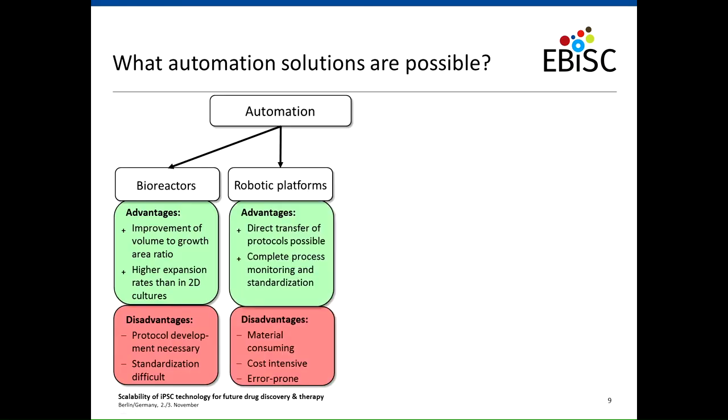Another possibility is that you use robotic platforms. Here the advantage is that in most cases, with some adaptations, you can use your standard SOPs as a base for your further developments. That means direct transfer of the protocols is possible, and you have complete process monitoring and standardization. The disadvantage is that these robotic platforms are quite high in costs and quite material consuming. They are very cost intensive.